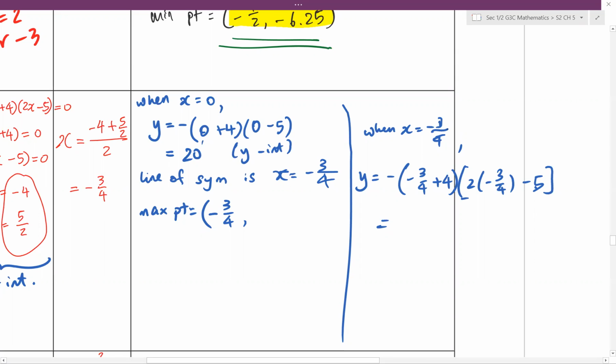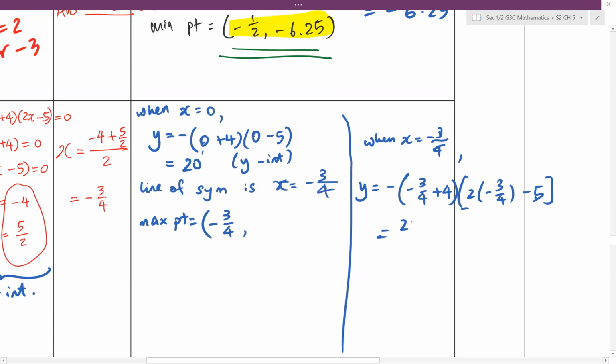So calculate all these out. 4 minus, 4 times -1 multiplied by bracket 2 times -0.75 minus 5. We get what?